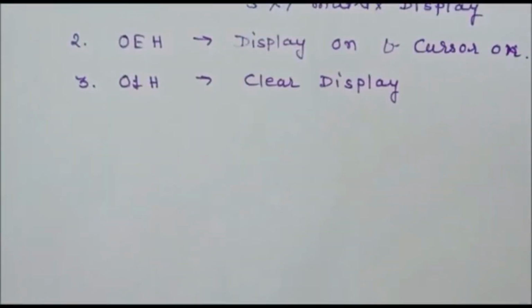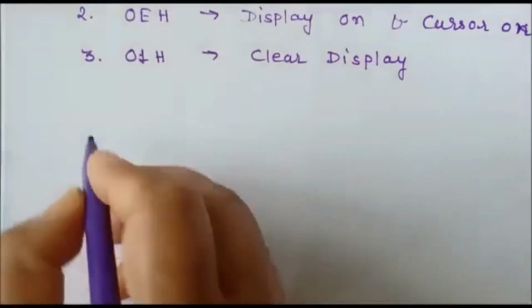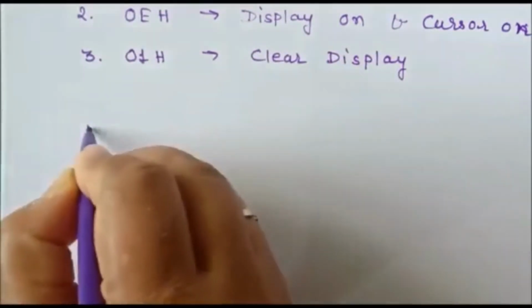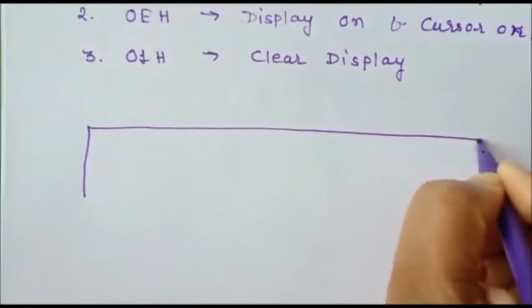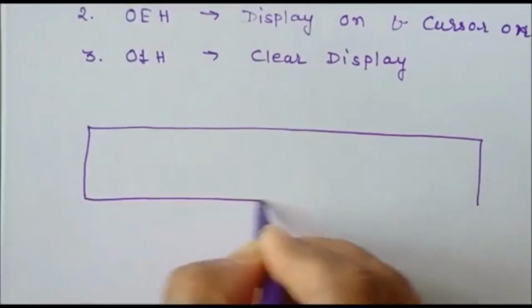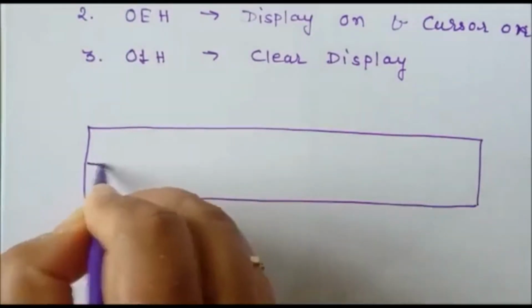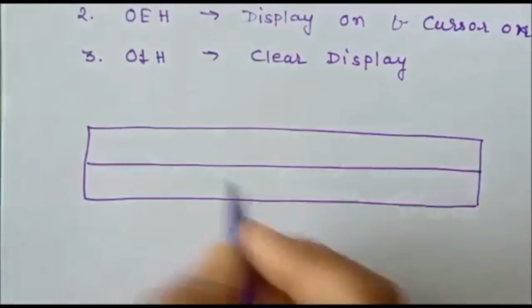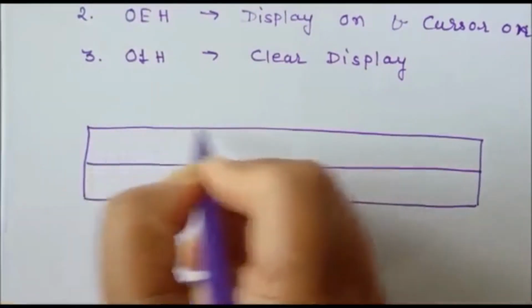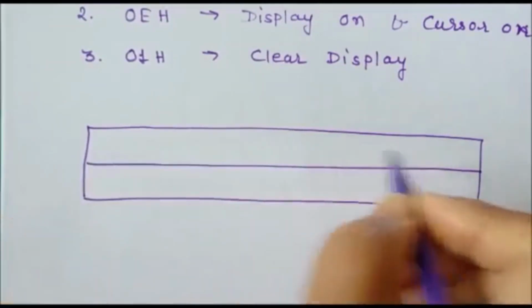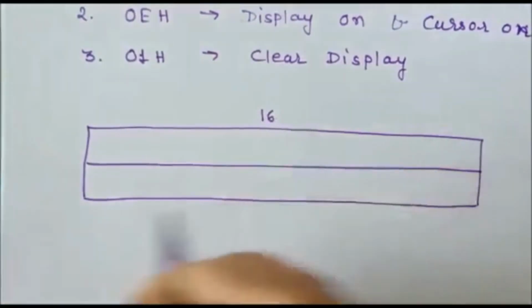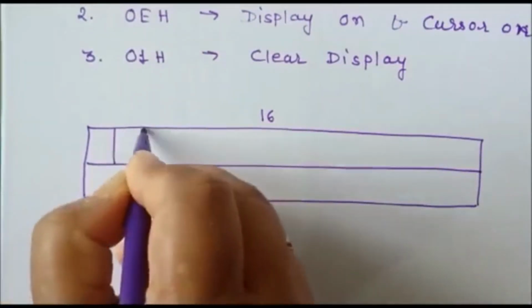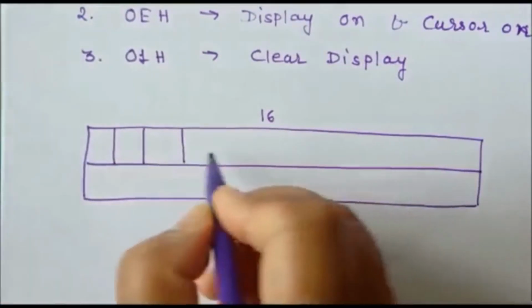The next important commands for LCD are related to the address of character. As we are discussing 16/2 LCD, there will be 16 characters that we can display on one row. So each character has been given one address.